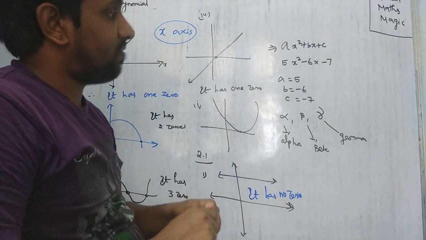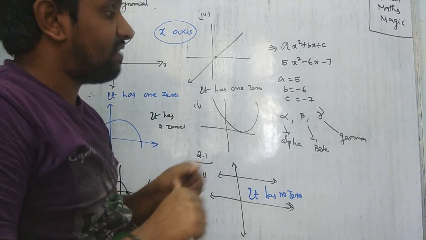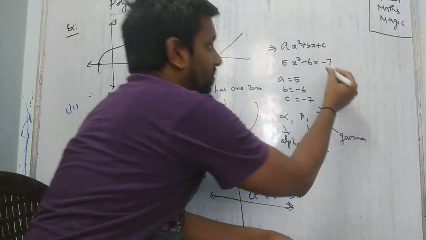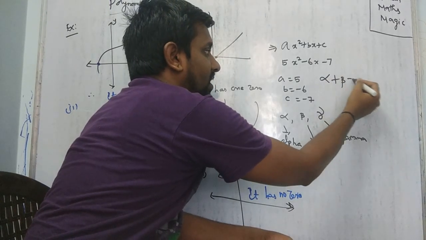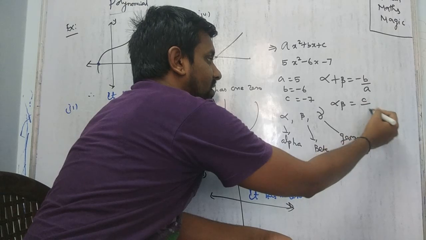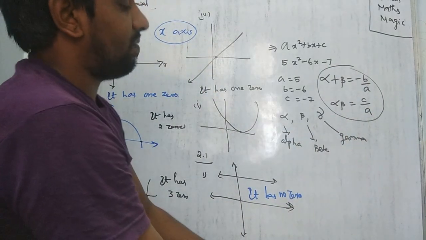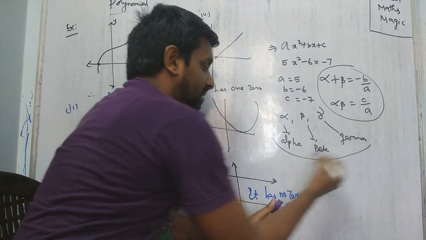Here, how to find the zeros using this, or how to verify. So now the formula is alpha plus beta equals minus b by a, alpha beta equals c by a. Kindly note it down. This is for the quadratic polynomial. What about the cubic polynomial?